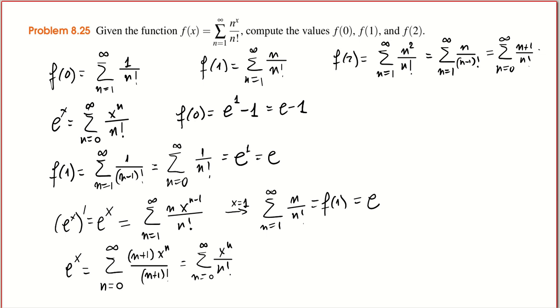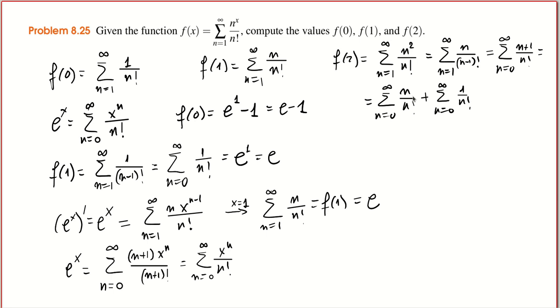Now, this can be split into two. On the one hand, you have the sum from 0 to infinity of n over n factorial. And on the other hand, you have the sum from 0 to infinity of 1 over n factorial. Now, the fact that we're starting here at 0 is irrelevant, because for n equal to 0, you have 0 here, so it doesn't contribute.